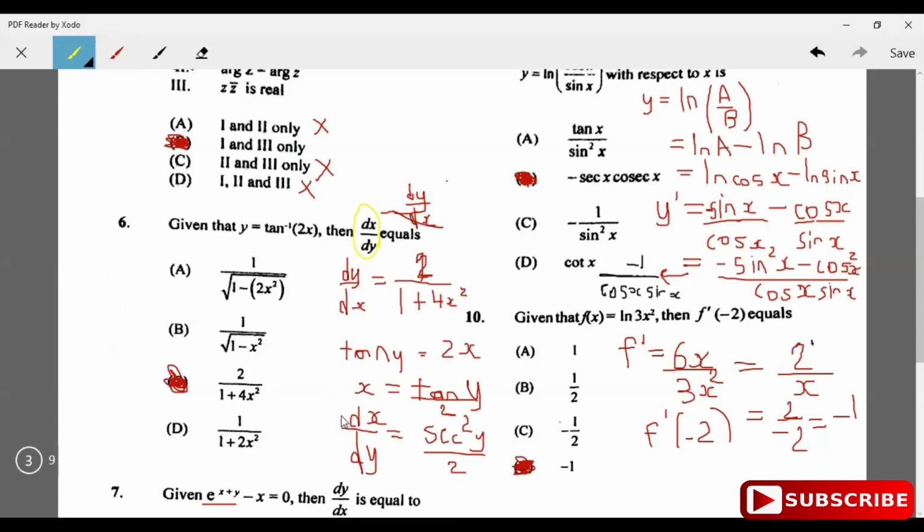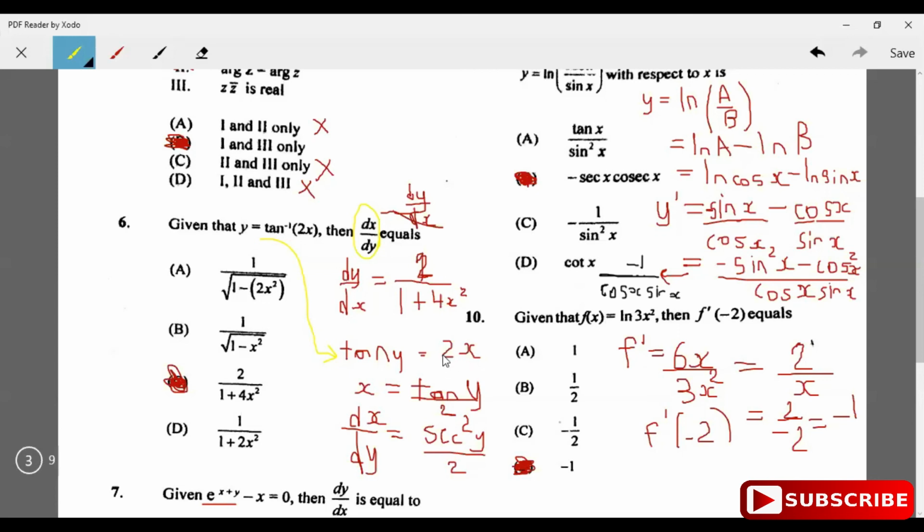As I was showing her, dx by dy would have been, you'd have to do this. If y is equal to tan inverse 2x, then if you take the tan of both sides, you get that tan y is equal to the tan of tan inverse 2x, the inverse cancels the tan, and so you're left with 2x.